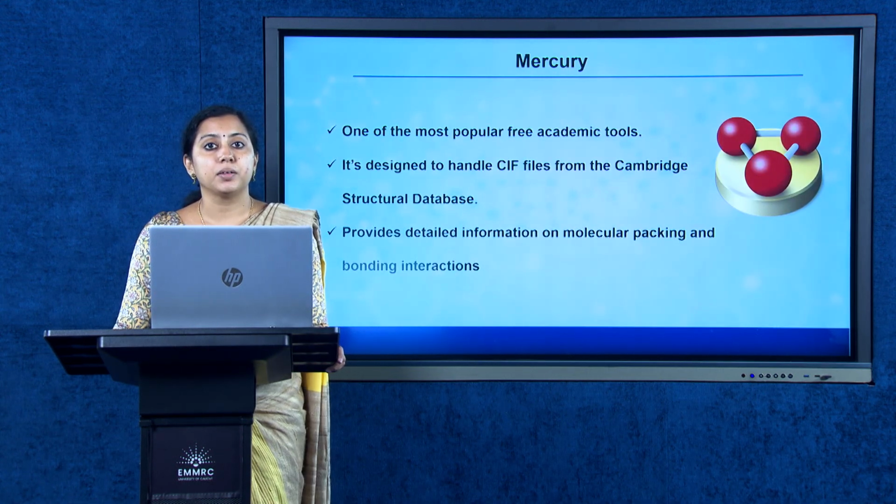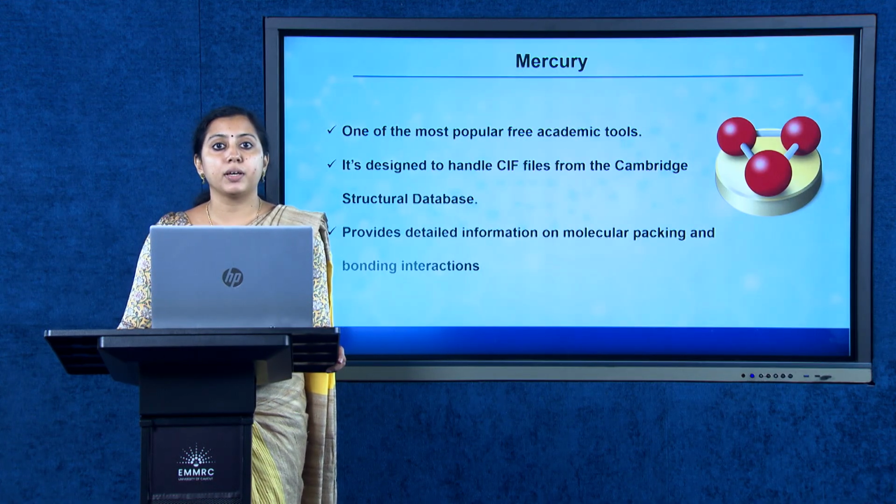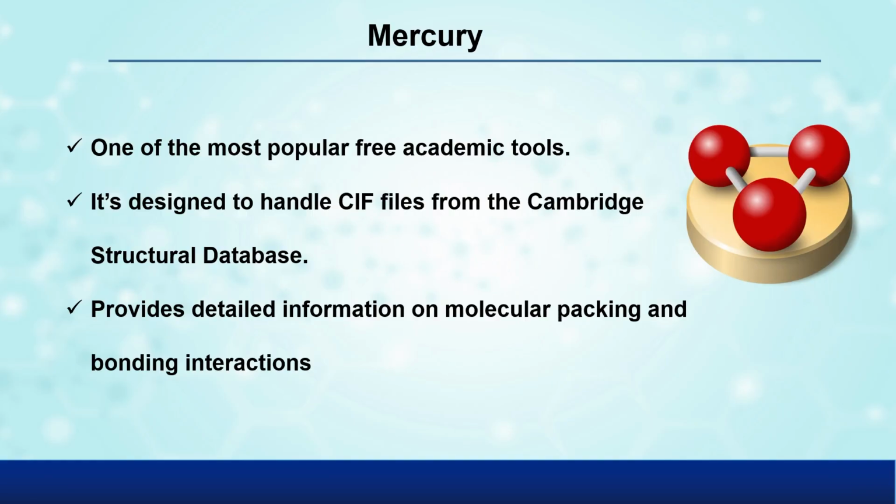Next one is Mercury. Mercury is a free software and it is one of the most popular free academic tools. It is designed to handle CIF files, that is crystallographic information file, which is data that we get from the powder X-ray diffraction or single crystal X-ray diffraction.